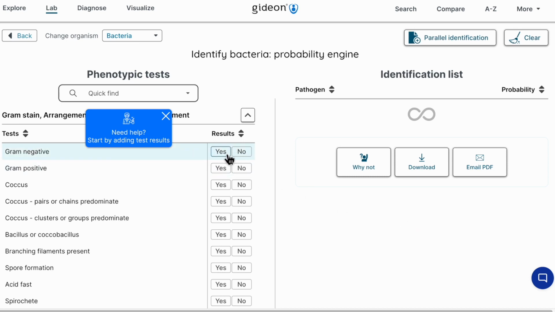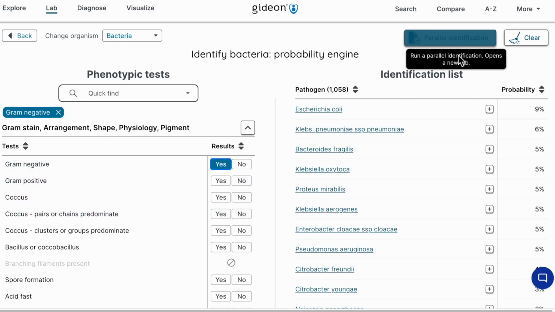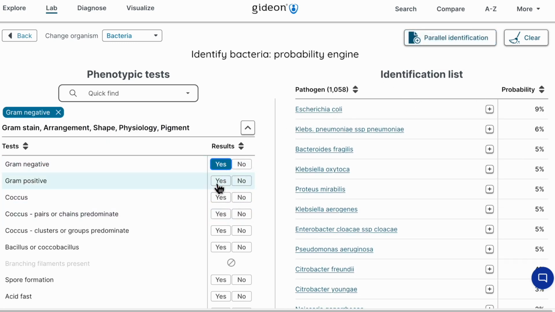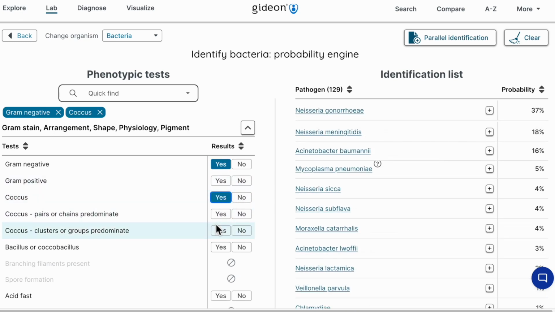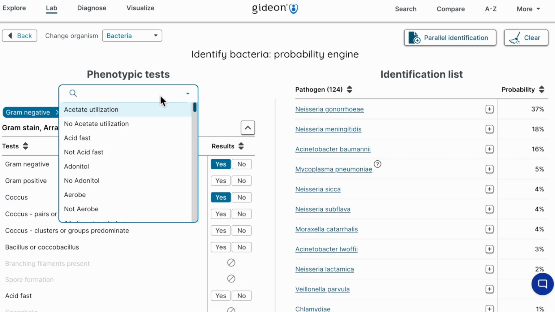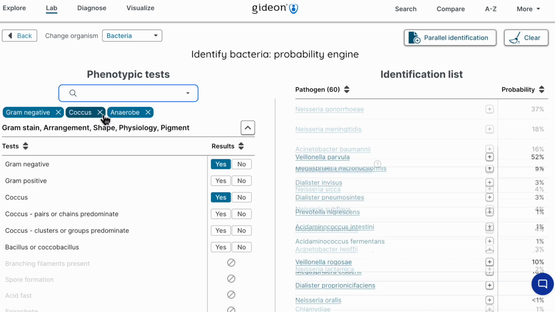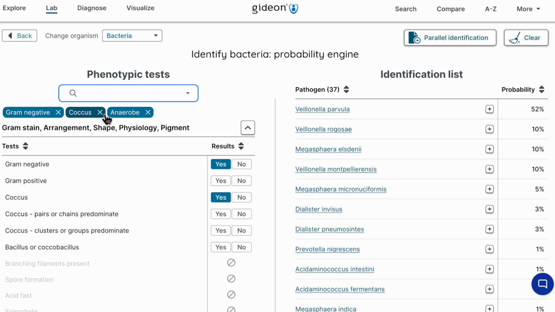So this organism is gram-negative, let's say, and it is a coccus, and it's, let's say, anaerobic. And there's the list. And if you have a gram-negative anaerobic coccus, those are, again, the symptoms of the organism.